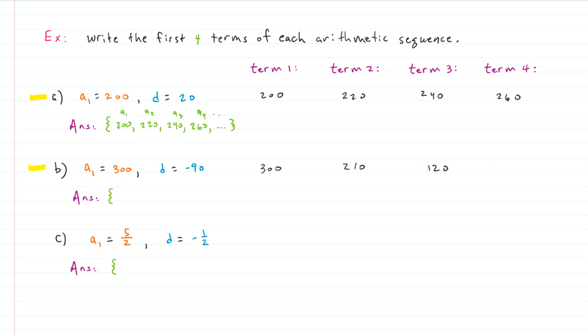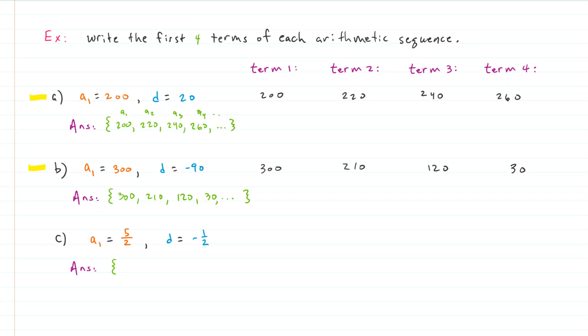If we subtract 90 again, we get 30. So our first 4 terms for this arithmetic sequence would be a1 is 300, a2 is 210, a3 is 120, and a4 is 30. And again, there are more of them, but we're not finding them.